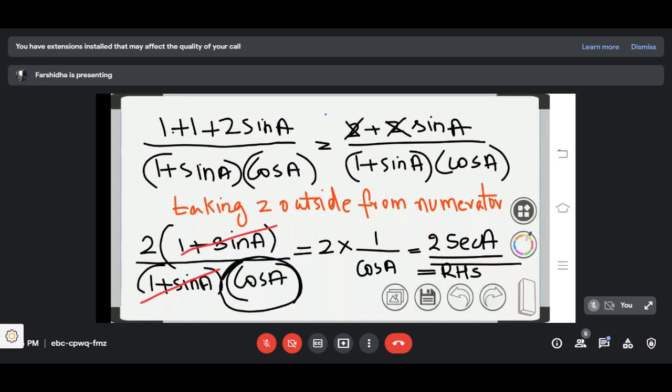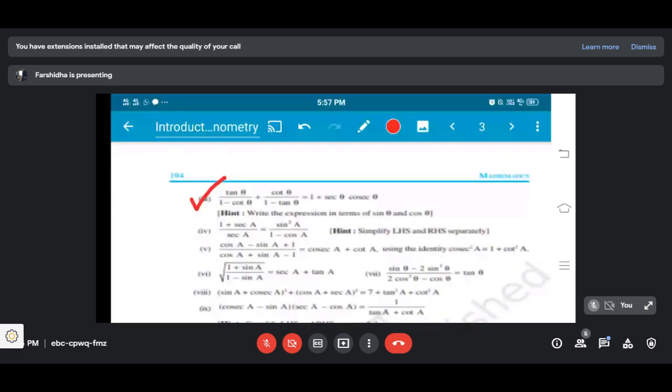Okay, third one. Tan theta by 1 minus cot theta plus cot theta by 1 minus tan theta is equal to 1 plus sec theta cosec theta.